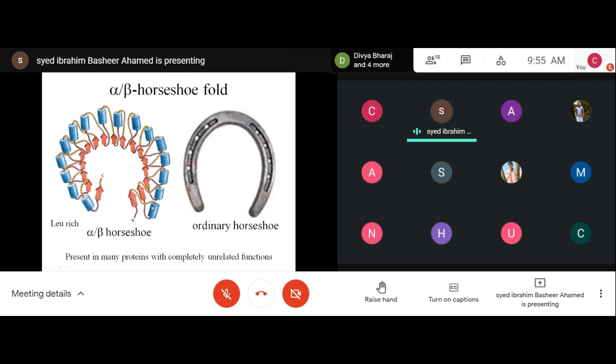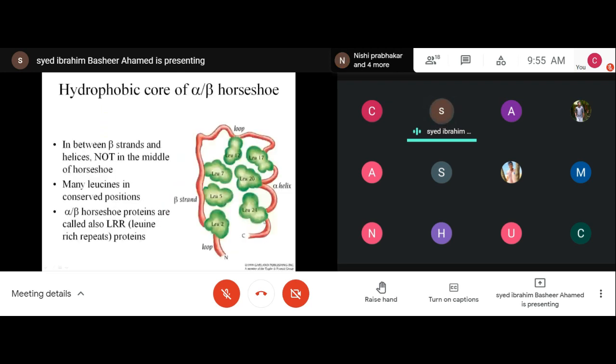Here you can see this is the beta strand, and you have the alpha helix. Most of the residues are leucine: second position, fifth position, seventh position, 12th position, 17, 20, 24. That's why it's called LRR, leucine rich repeat protein.